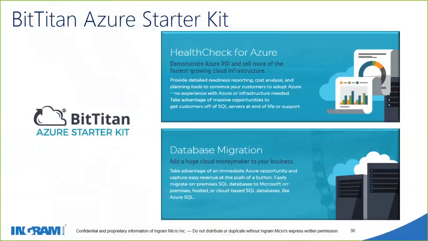So obviously we also work with the guys from BitTitan, and as part of their BitTitan Azure Starter Kit, they have two kind of services. The initial one is their health check for Azure, and that will allow you to run a series of agents across machines for normally a period of around 14 days during a standard good busy period, and that will come back with a whole range of information around network usage, resource usage, and give you a really good idea of dependencies of those different machines.